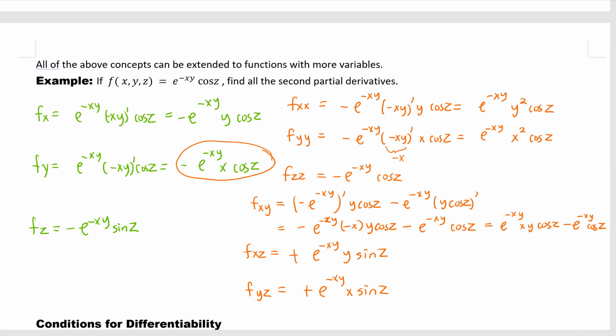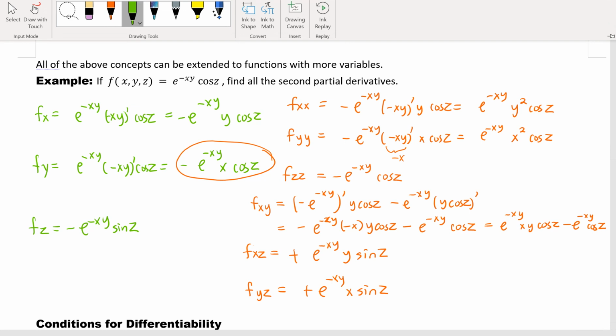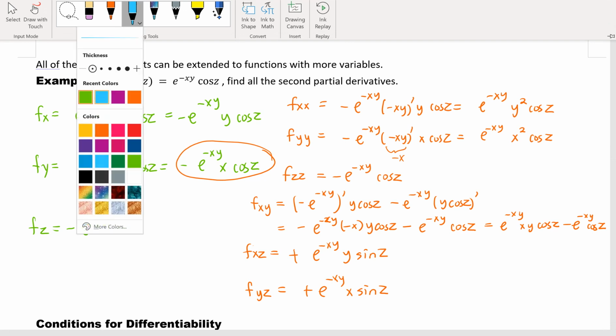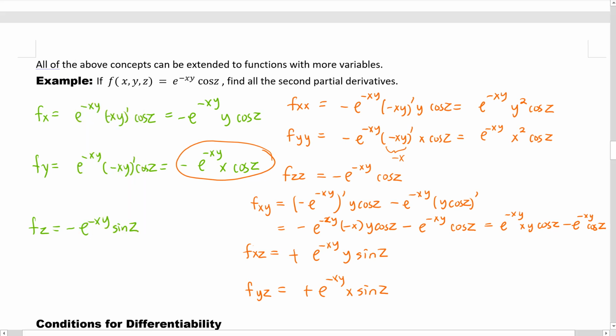So this guy, we know that it also equals fyx. This guy also equals fzx. This guy also equals fzy. Okay, so that are the 9 second partial derivatives.